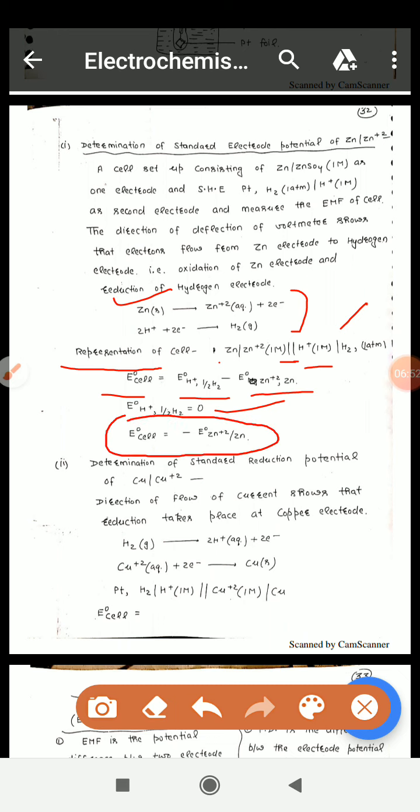zinc electrode. The main question here is why we use the standard hydrogen electrode? Because if we use only a half cell, then the reaction does not take place, meaning no potential develops. That's why, to complete the circuit, to complete the cell, both oxidation as well as reduction are required.